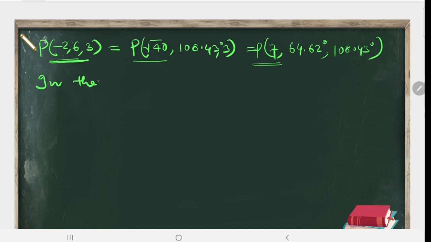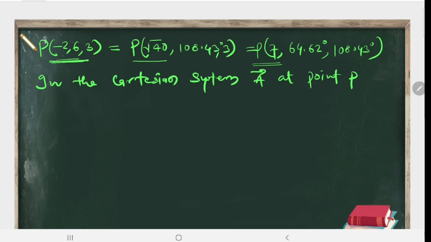In the Cartesian system, vector A at point P is given as A = y ax + (x + z) ay. We have to calculate vector A at point P in the Cartesian system.